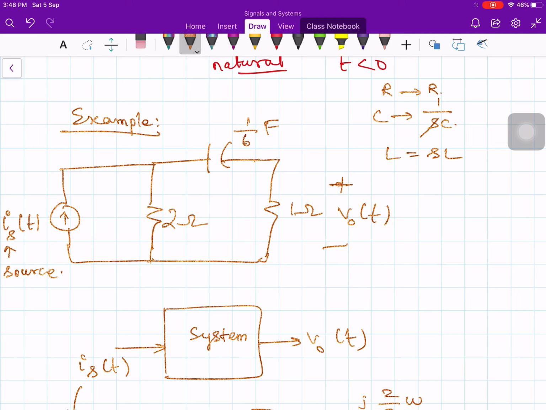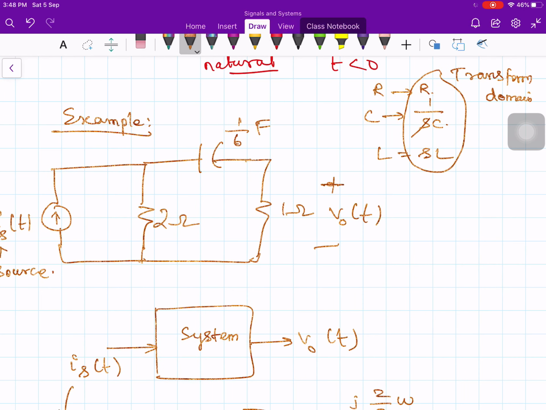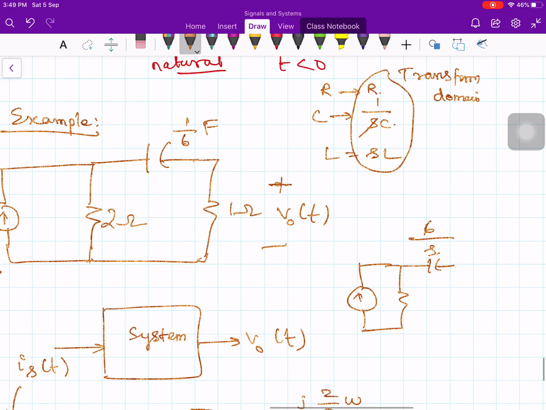All these quantities will be in the transform domain. Remember this. So therefore if you draw the same figure, then this becomes 2 as it is, and this is 1 by SC, that means 6 by S, in the transform domain, and you have again a 1 ohm resistor, and this is 2 ohms. Now you replace S by j omega, so this becomes 6 by j omega. S is equal to j omega in Fourier transform.